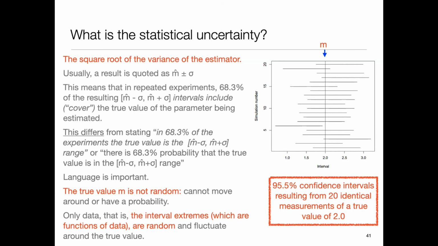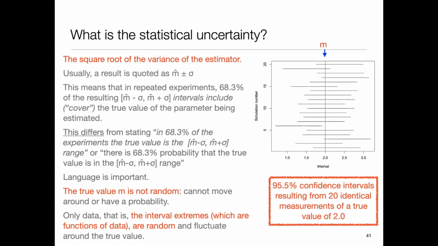It means that you rewrite this in terms of intervals. So the interval that has as bounds m hat minus sigma and m hat plus sigma includes the true value of the parameter with 68% probability.